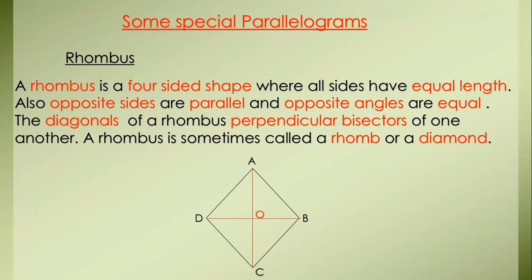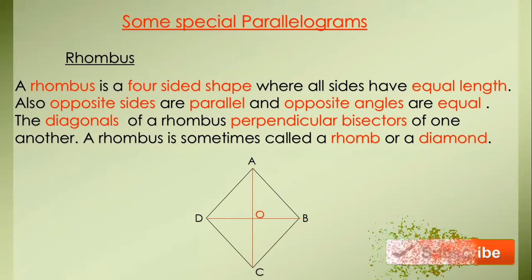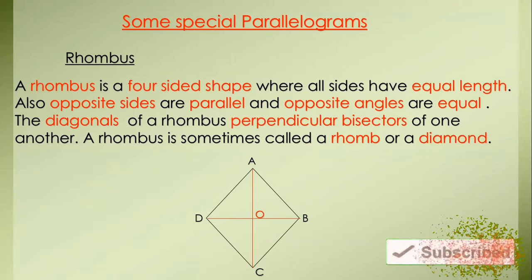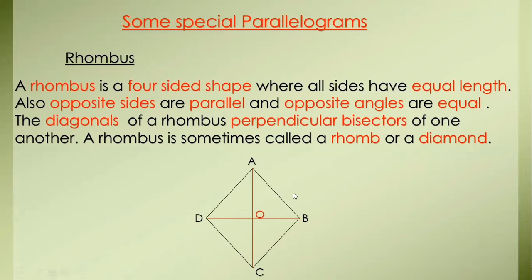Then opposite angles are equal. Angle A, opposite angle is angle C. So, angle A is equal to angle C and angle D is opposite to angle B. So, angle D is equal to angle B. Then the diagonals of a rhombus are perpendicular bisectors of one another.